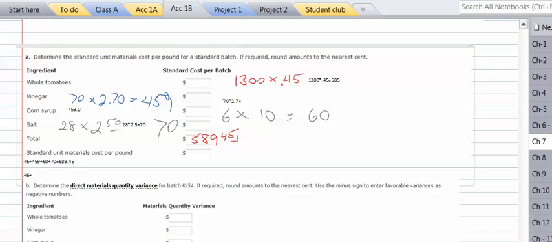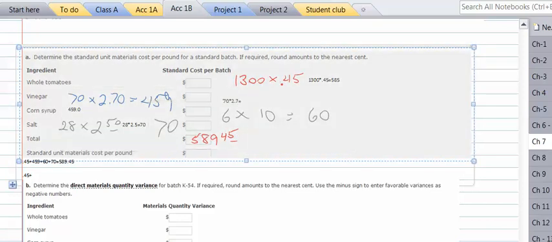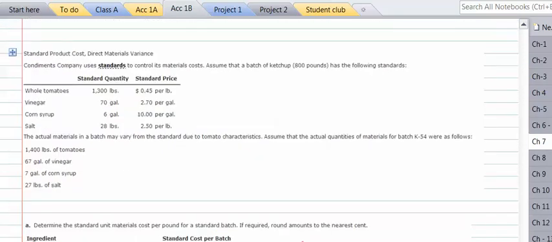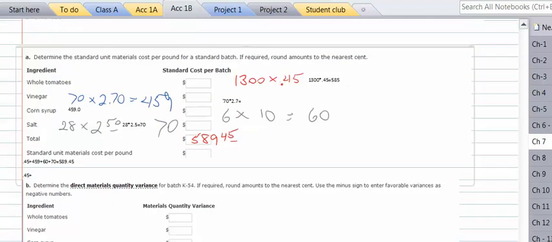And the standard cost per standard unit of materials cost per pound, we're going to divide that 589.45 by 800 pounds. That would be our standard.